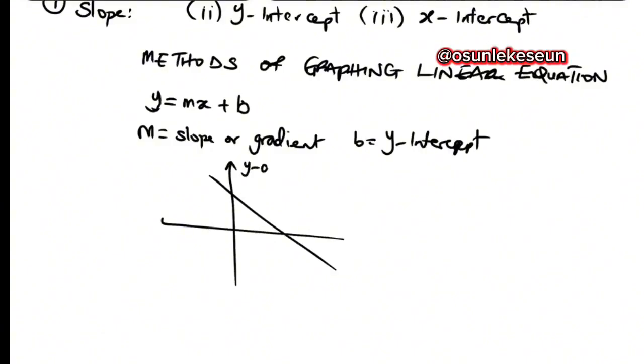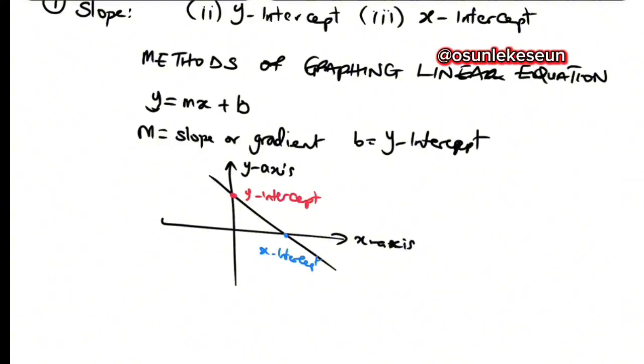This is what we call the y-axis, and this part is called the x-axis. So this point here is the y-intercept, and this point here is called the x-intercept.